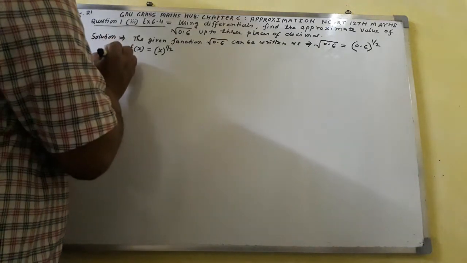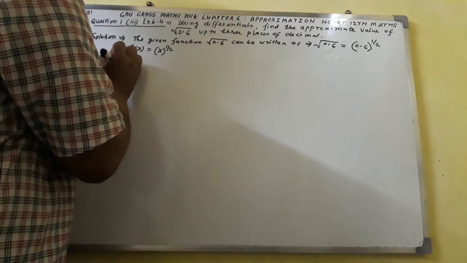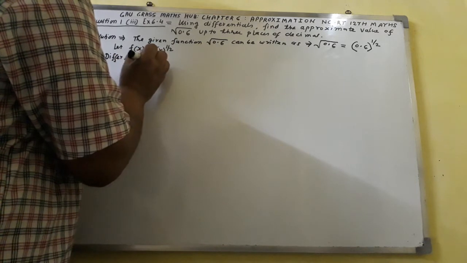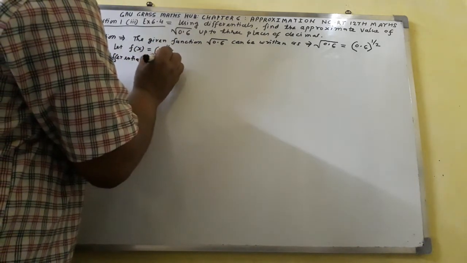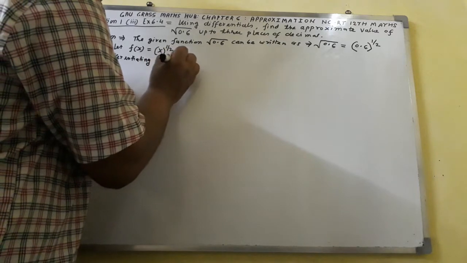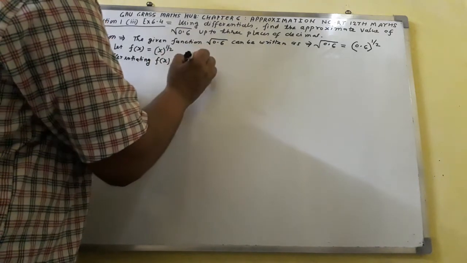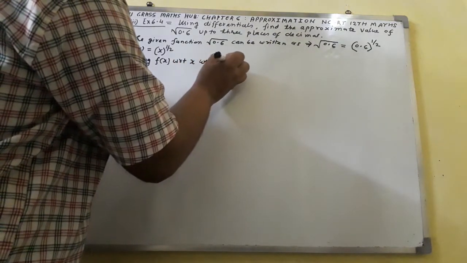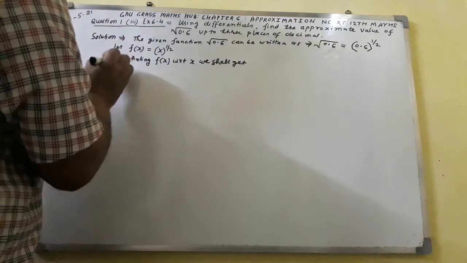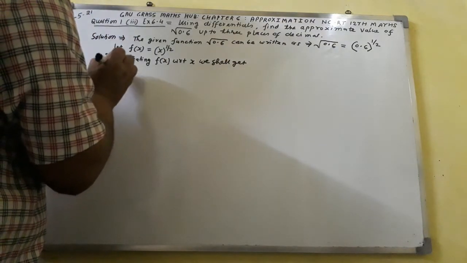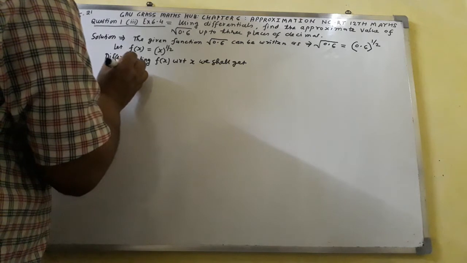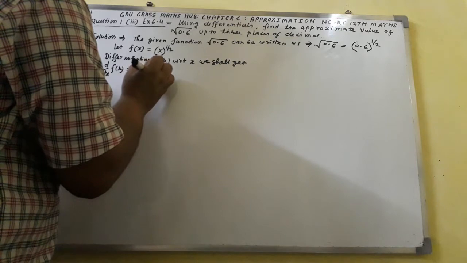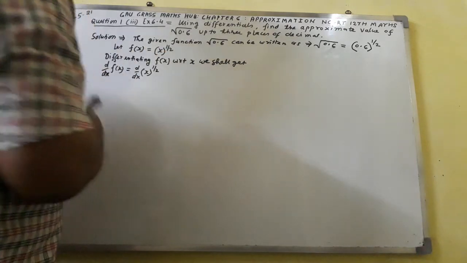Now here I shall write, differentiating f of x with respect to x. We shall get d over dx of f of x equal to d over dx of x raised to the power 1 over 2.